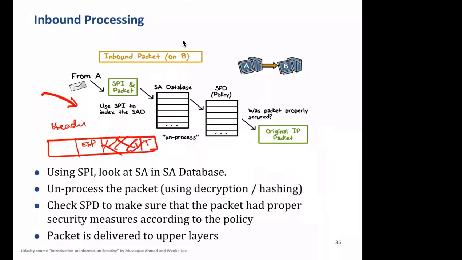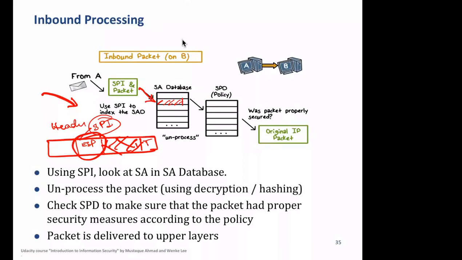Now this packet has come, and she has to understand what to do. What will she do? Now in this field, there is something called SPI, the security parameter index. So her machine will look at the SPI and go to the security association database and will know the details, what kind of crypto or what keys are used, etc., because keys are also stored for decryption, right?